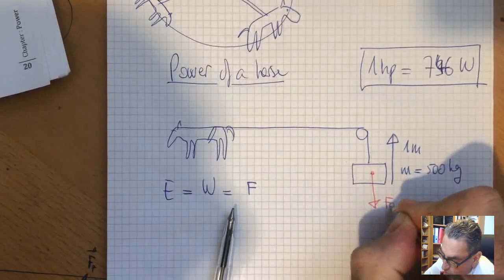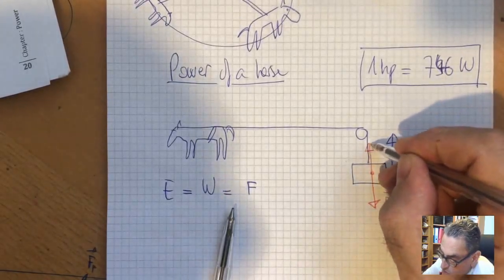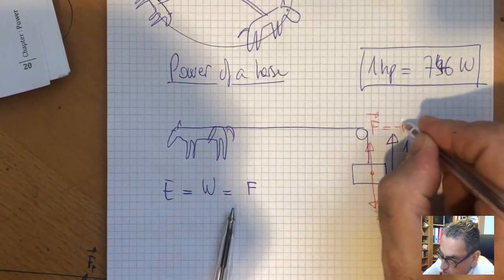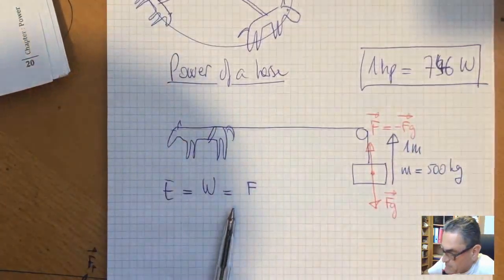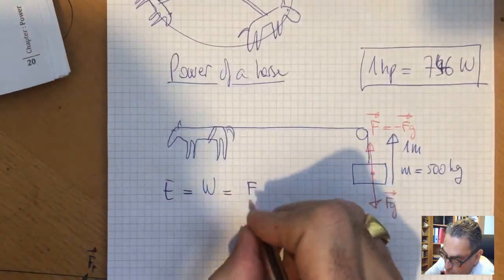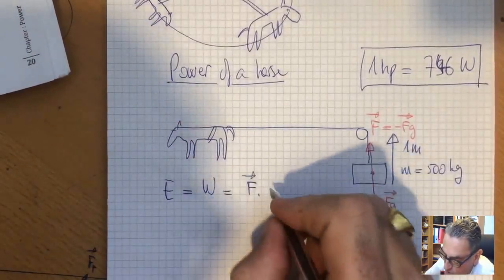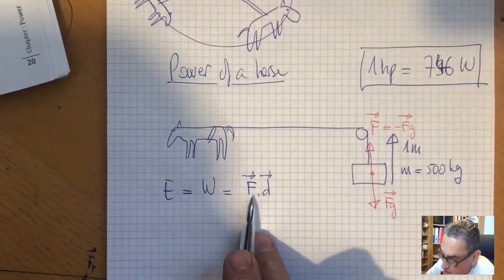If I have the gravitational force here, to raise the mass at constant velocity, I will need here a force which is minus the gravitational force. Okay? Do we agree with that? Okay? Yes. So this force, this energy, the work is going to be the force times the distance.